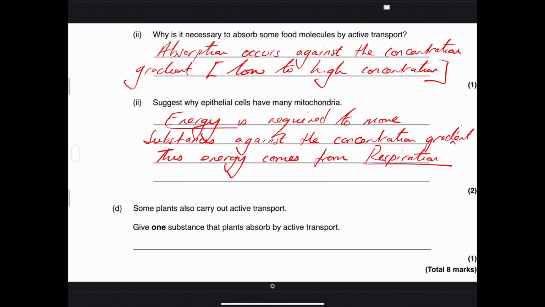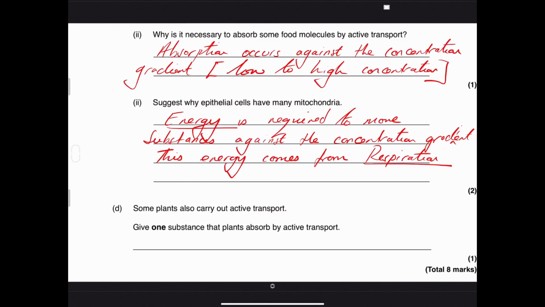So you need to be aware that you require energy, and energy is said to be coming from the powerhouse of the cell, which is the mitochondria, and mitochondria work due to respiration.